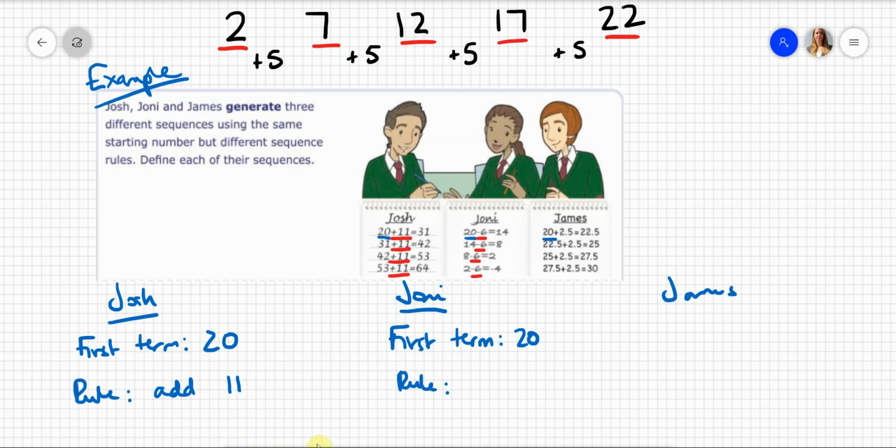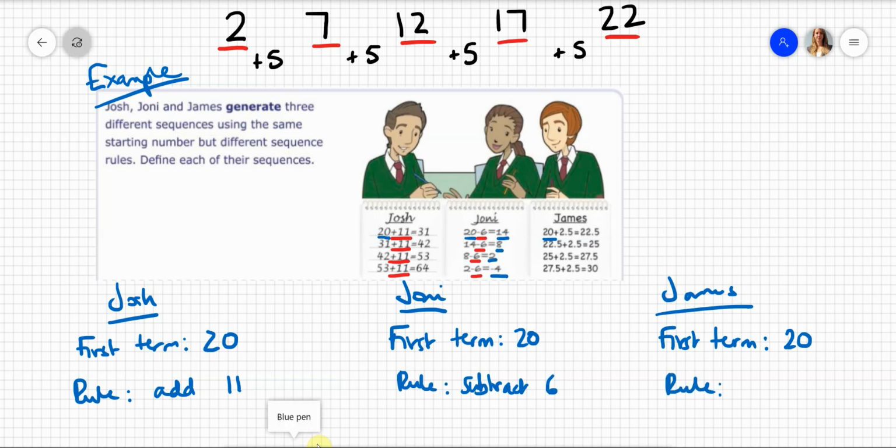So Joni is starting at 20, then goes to 14, 8, 2, -4, and we can see from her calculations the rule is subtract 6. Finally, for James, 20 is the first term. Then the next terms are 22.5, 25, 27.5 and 30, and we can see from the calculation he has added 2.5 each time.